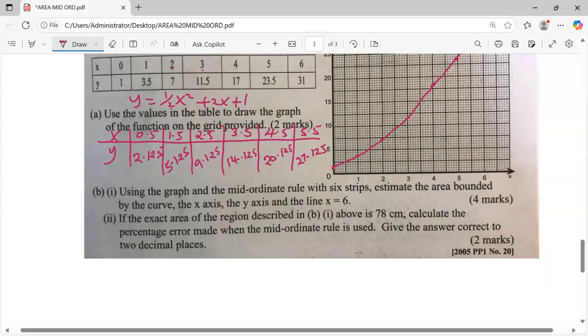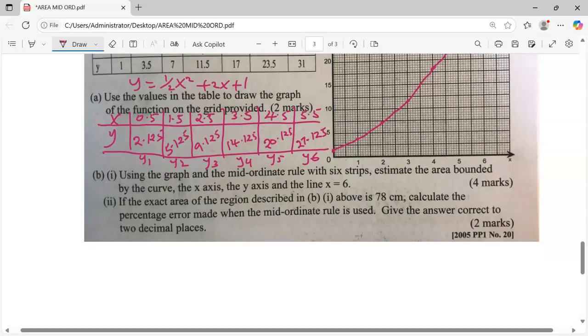Once we have gotten the values of y, we can give them the names, that is y1, y2, y3, y4, y5, and y6. Unlike in trapezoidal rule where we begin with y0, in mid-ordinate we are going to begin with y1 all through to y6.